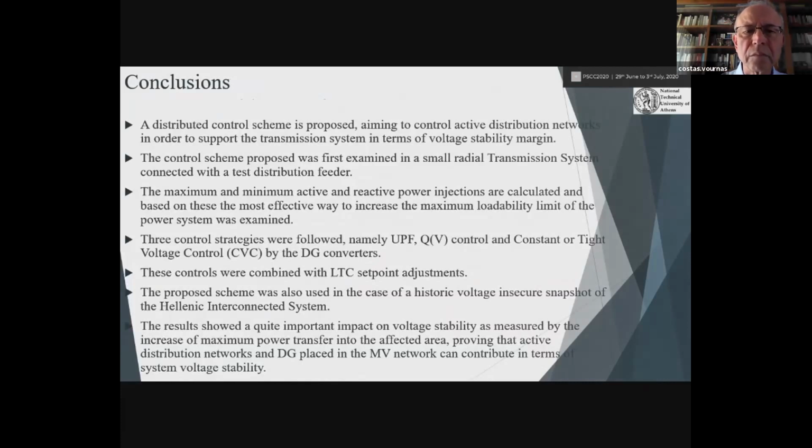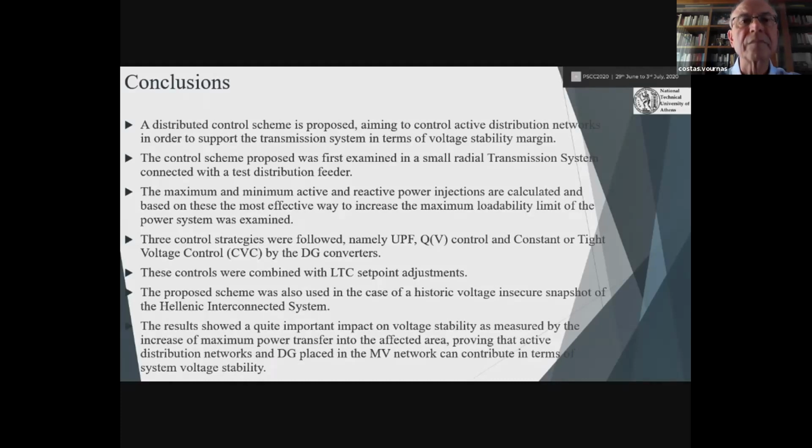I think the most important one is that even with just a few buses replaced with the test feeder, it is possible to achieve a quite significant increase in the maximum power transfer, which can be significant in cases of an emergency.